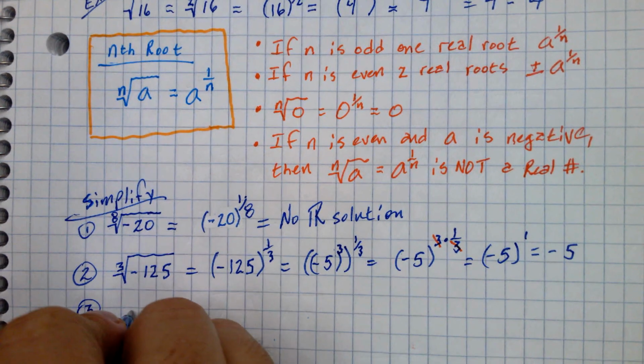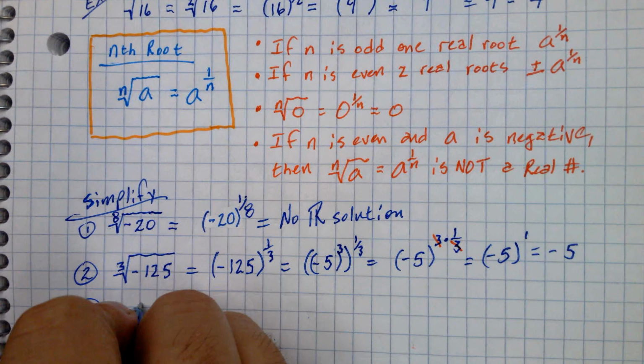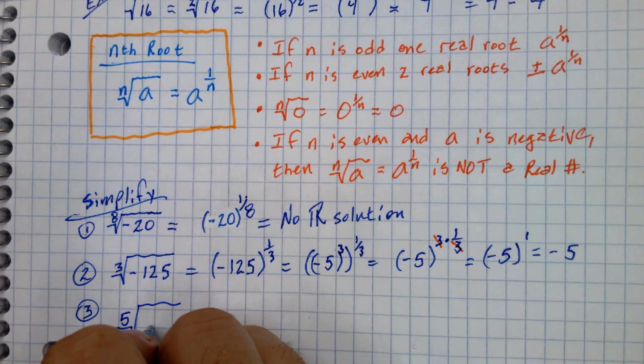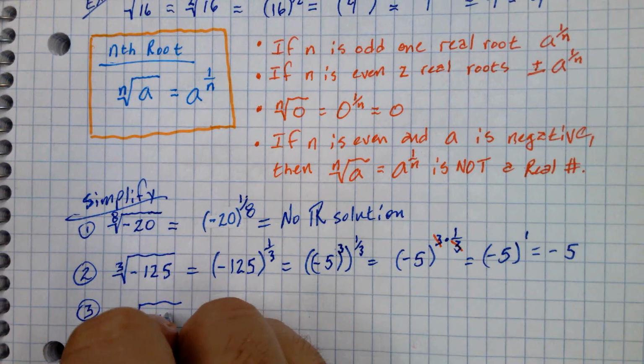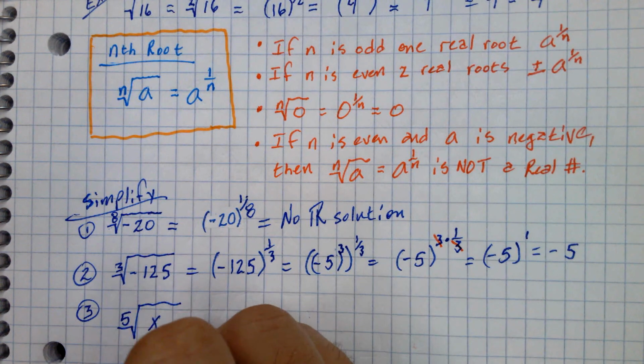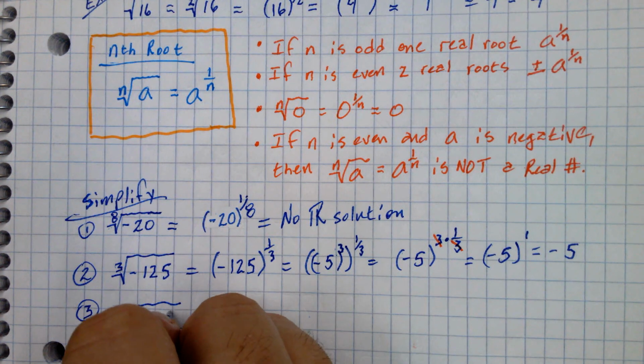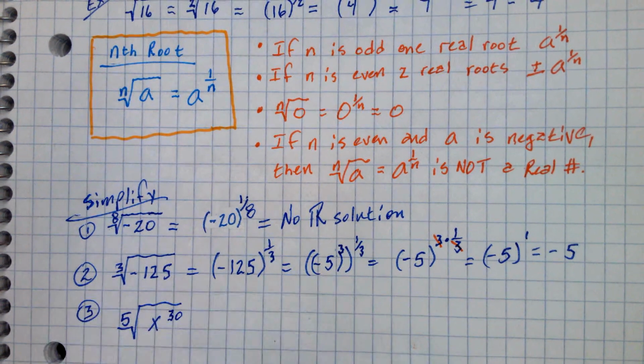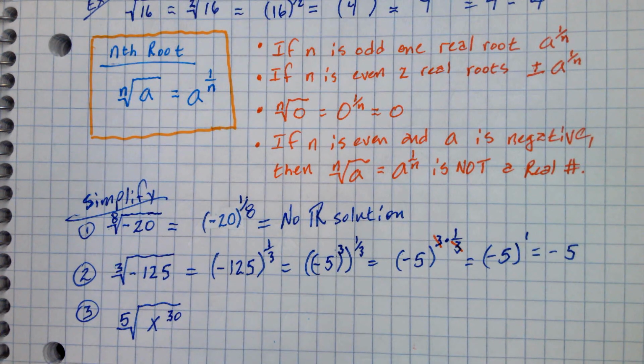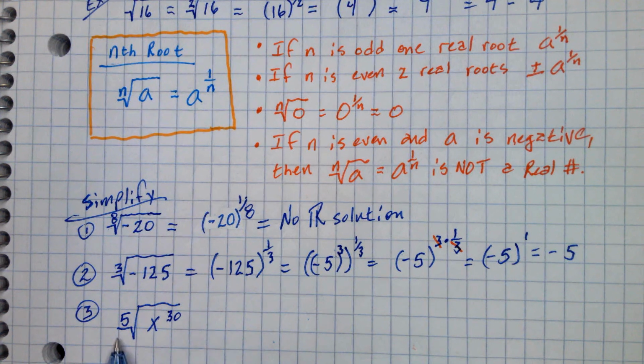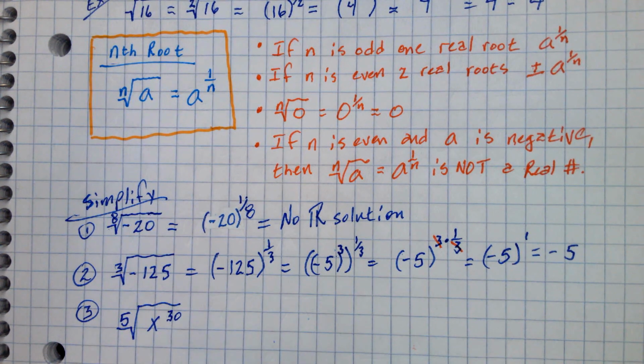Let's try this. The 5th root of x to the 30th. Okay. Go ahead and write that down. The 5th root of x to the 30th.